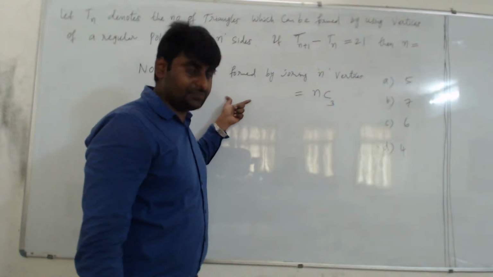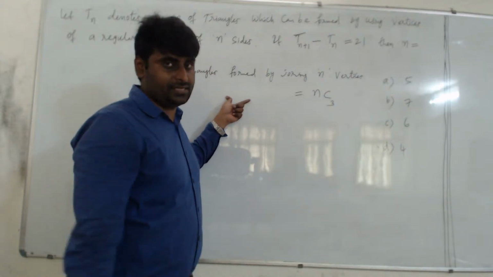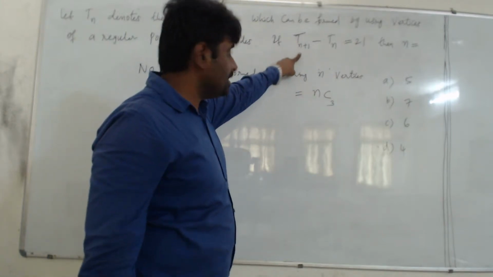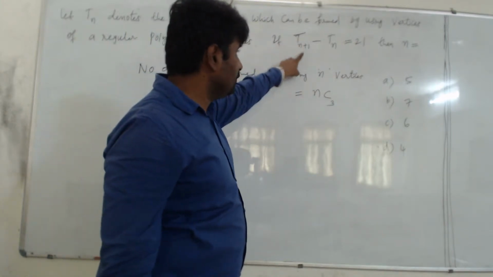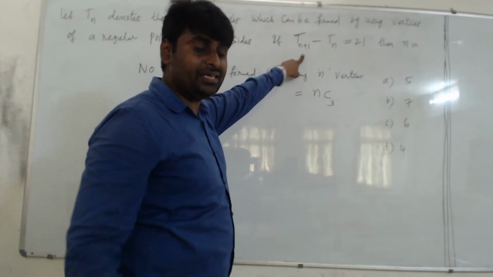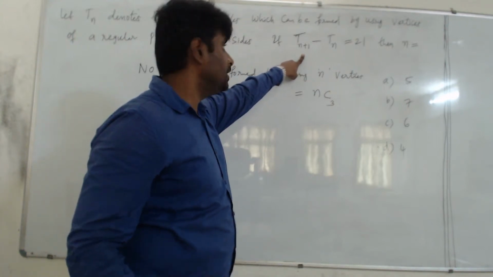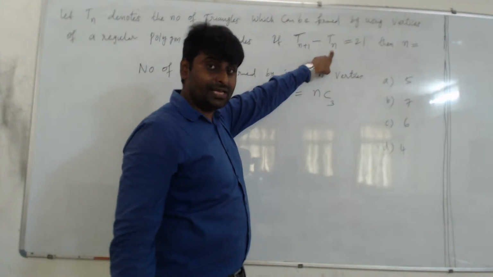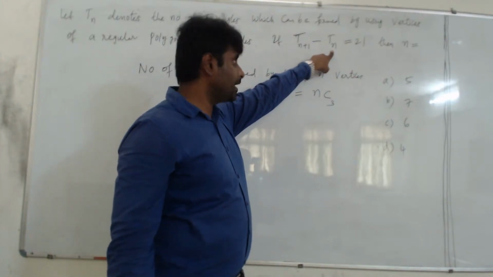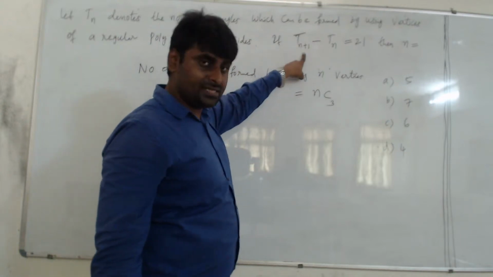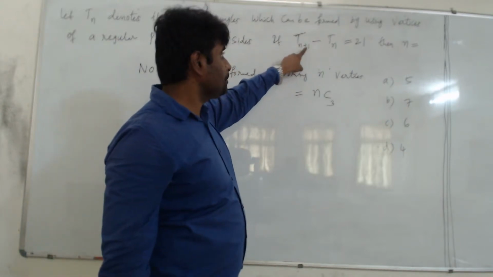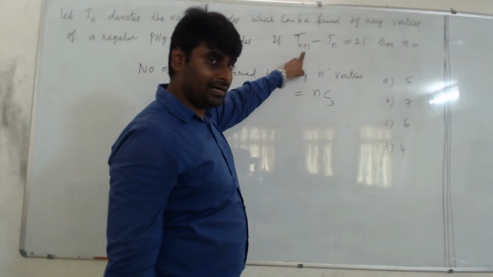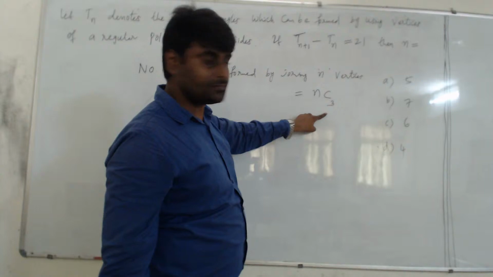Here Tn plus 1 means number of triangles formed by joining n plus 1 points. What do you mean by Tn? Number of triangles formed by joining n vertices. Now Tn plus 1 means number of triangles formed by joining n plus 1 points, which is nothing but n plus 1 C3.